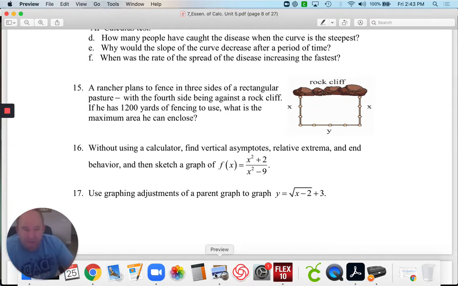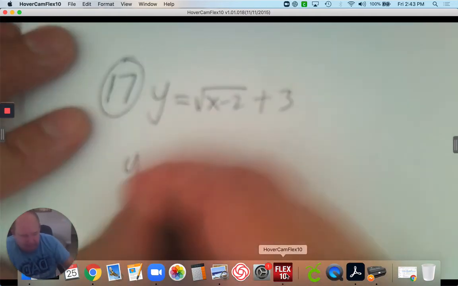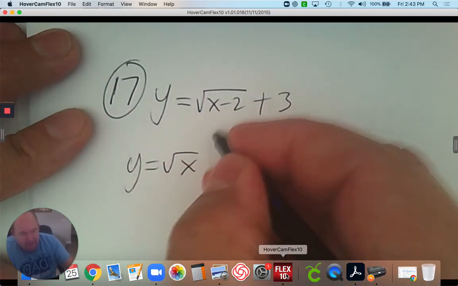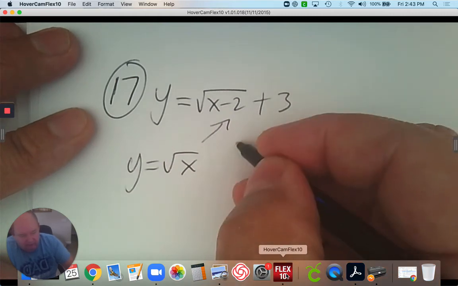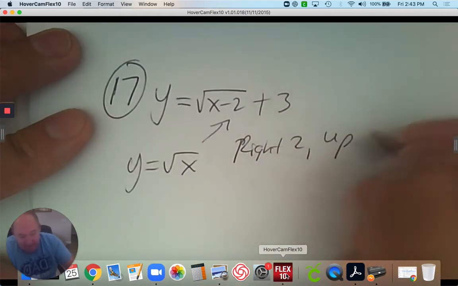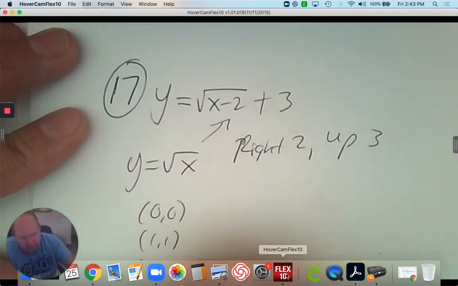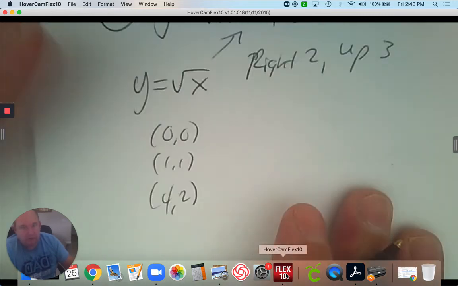Use graphing adjustments to graph y equals the square root of x minus 2, plus 3. It's not even calculus. So do you know how to graph this? The parent has been shifted to the right 2 and up 3. That's it. Normally the points are (0, 0), (1, 1), and (4, 2). That's the square root function parent.